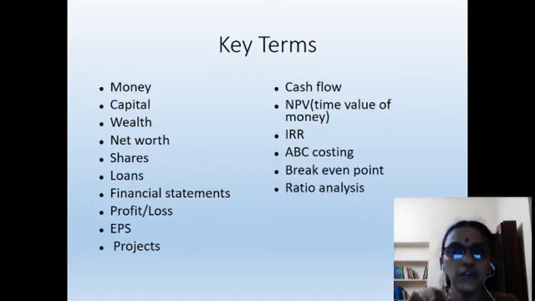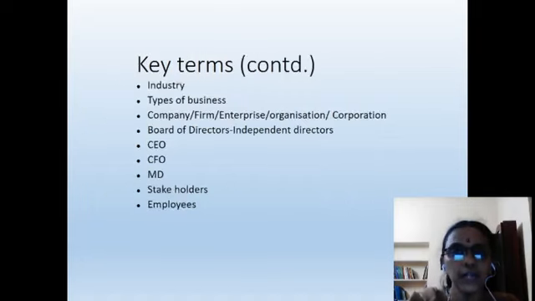So now we will go into finance and financial management. Before defining finance, let us make one important key term very clear: what is a company and what is meant by an industry.